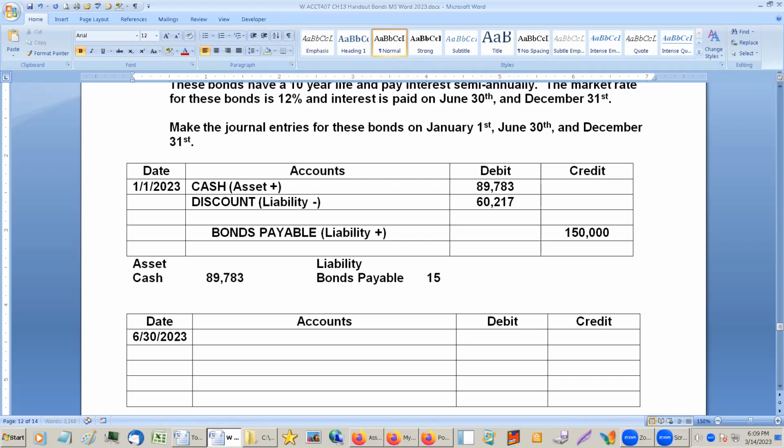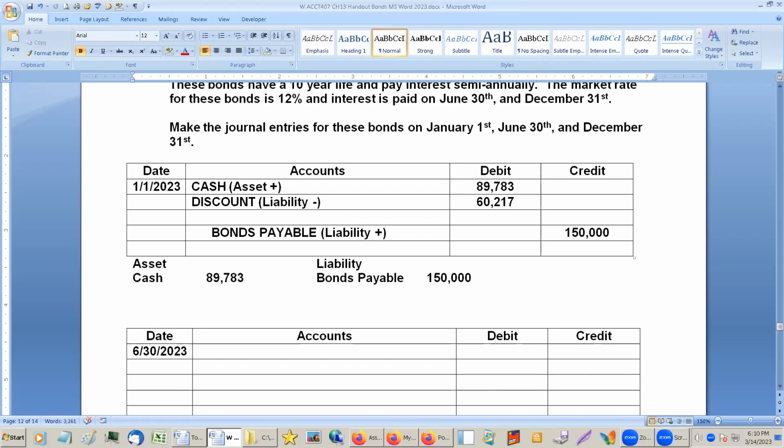Now notice that if we just put this $150,000 on, our balance sheet isn't going to balance, for one thing. So we're going to subtract out the discount.